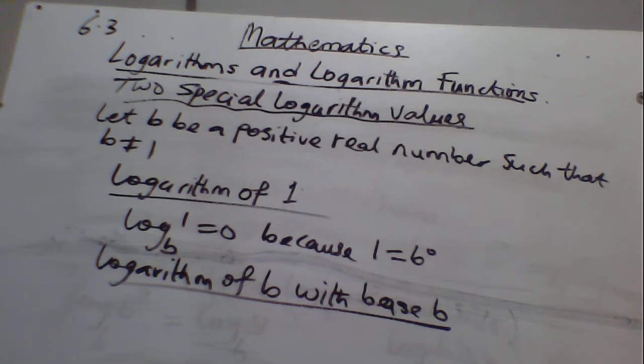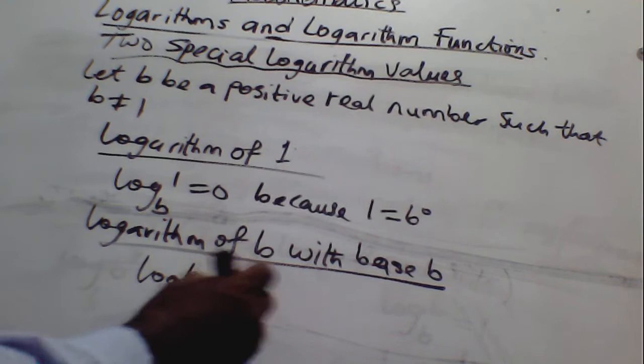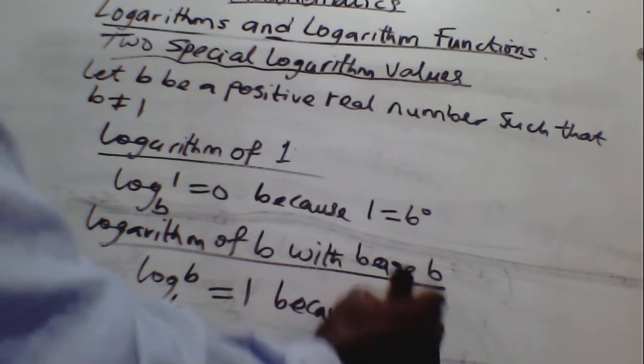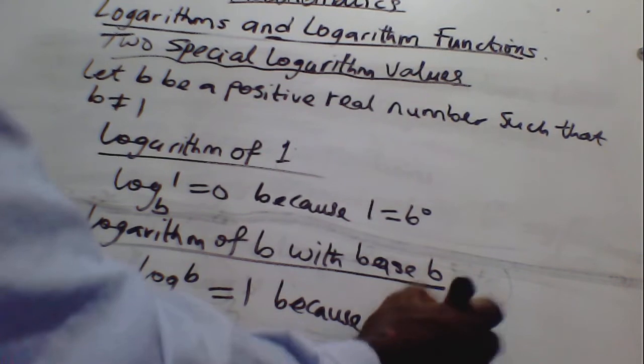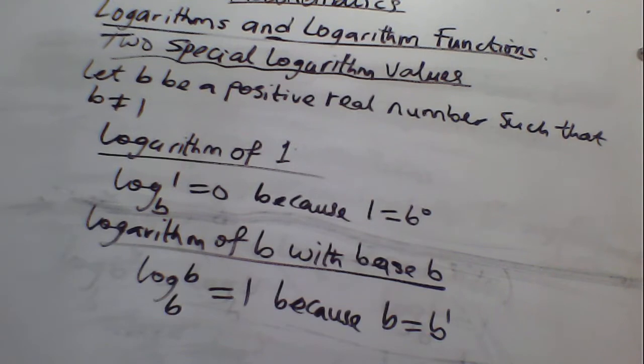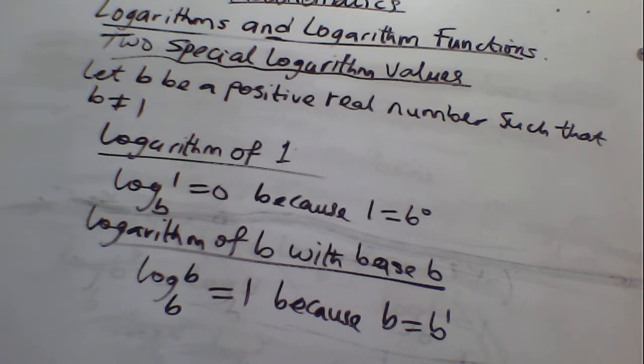From here we have log b to base b is equal to 1, because b, written in exponential form, is equal to b raised to power 1, and any number to the exponent 1 is the same number. 2 to the exponent of 1 is equal to 2. 3 to the exponent of 1 is equal to 3. So these are two special logarithm values you have to understand.